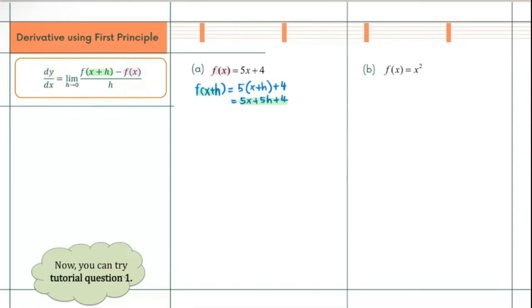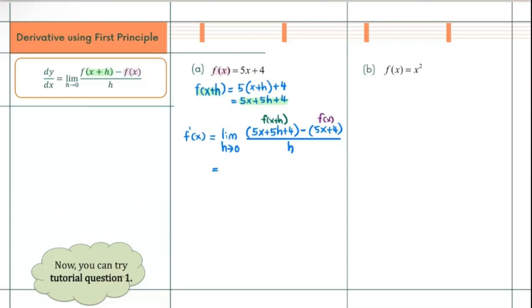So now to find the derivative, so f prime x will be equals to the limit as h approaching 0 of our function f of x plus h, which is 5x tambah 5h tambah 4, tolakkan dengan fx, fx kita adalah 5x tambah 4, and then we divide it by h. Okay, so ini adalah f of x plus h. Dan ini pula adalah saya punya f of x.